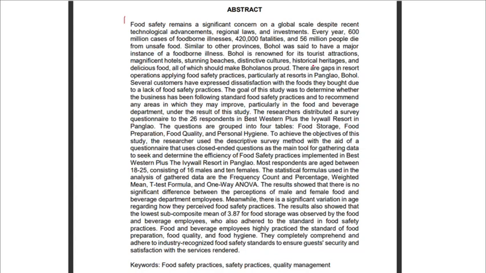Bohol is renowned for its tourist attractions, magnificent hotels, stunning beaches, etc. So there are gaps in the resource operators. So this is the introduction part, or the rationale. This one, the red one.